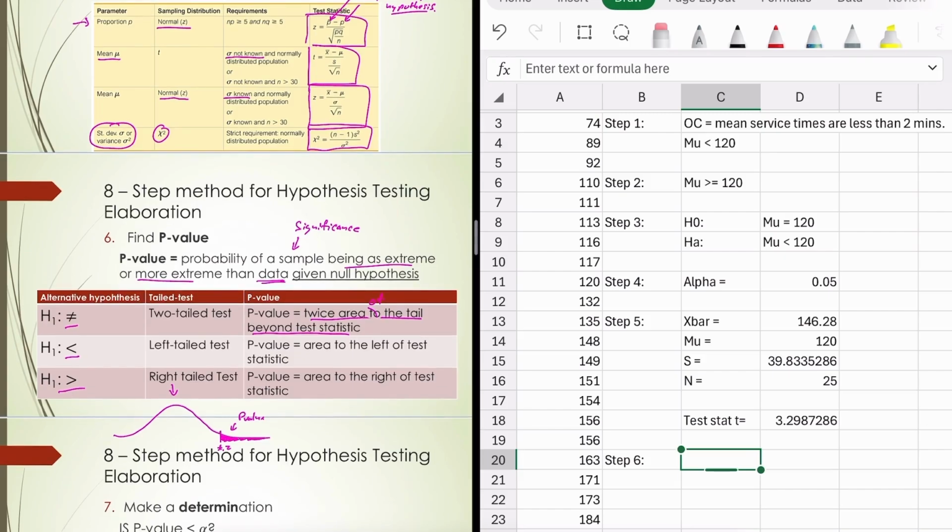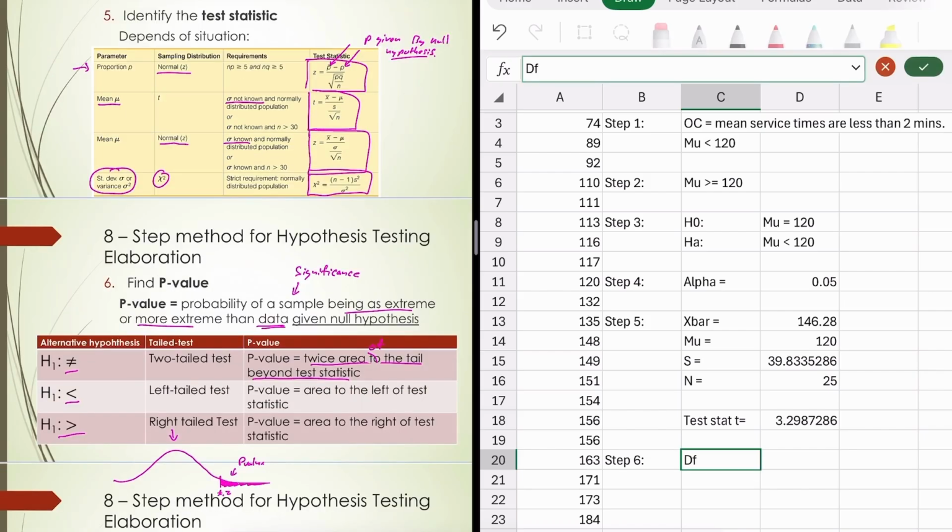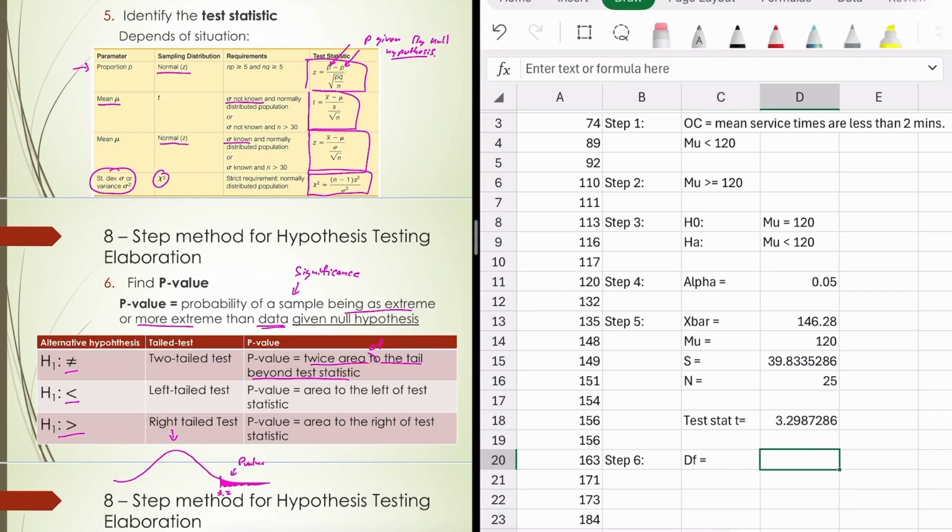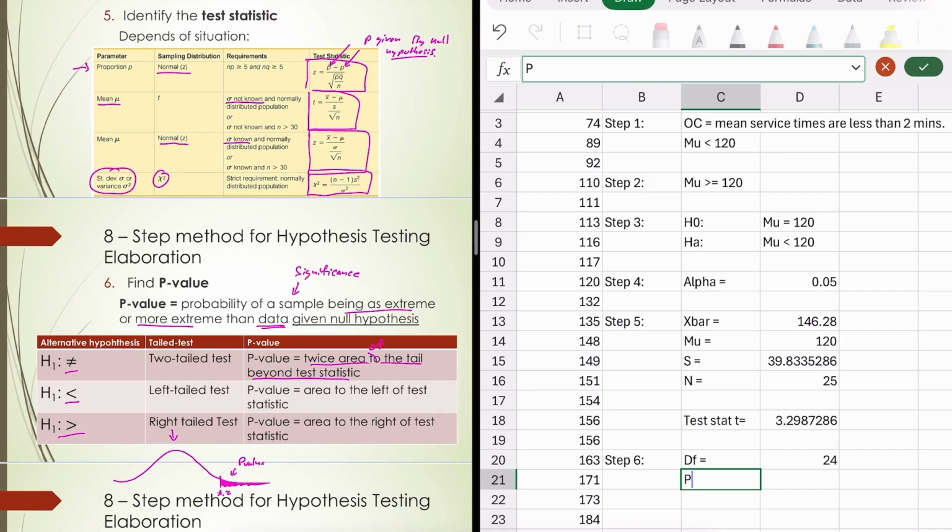Because the alternative hypothesis has less than in it, it's a left tail test. Degrees of freedom is something I need before I do my p-value. Degrees of freedom equals n minus 1. Enter.